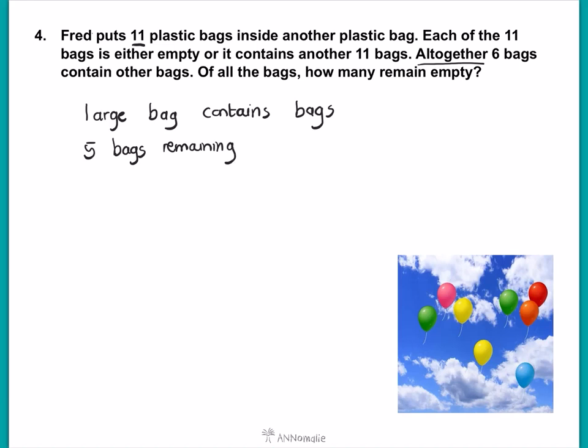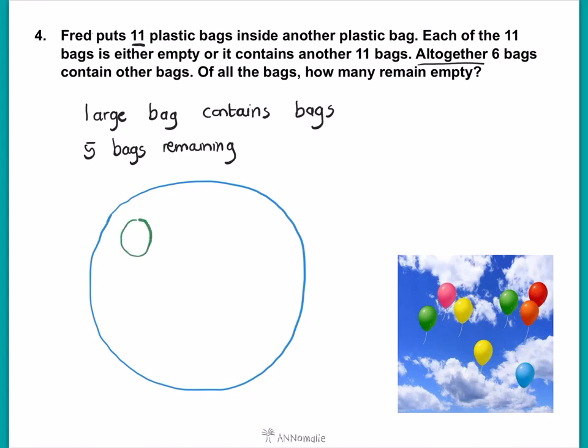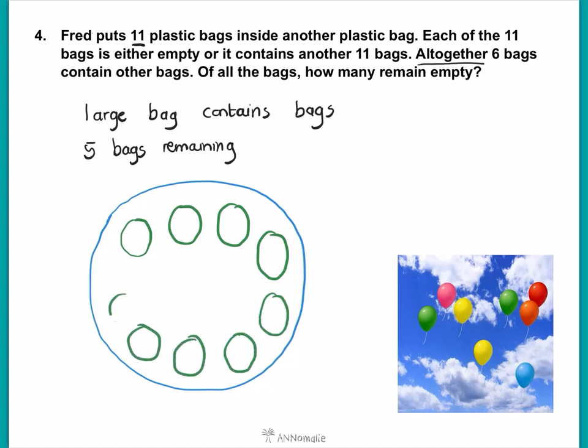So if we simply draw that, we say we've got a big plastic bag and inside we put 11 bags. Right, so that will give us 11: 1, 2, 3, 4, 5, 6, 7, 8, 9, 10, 11.